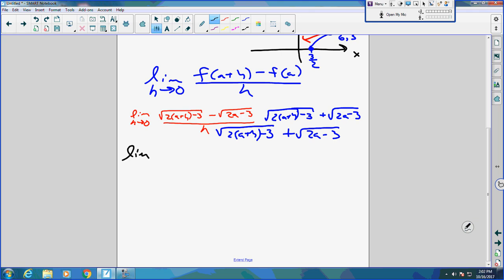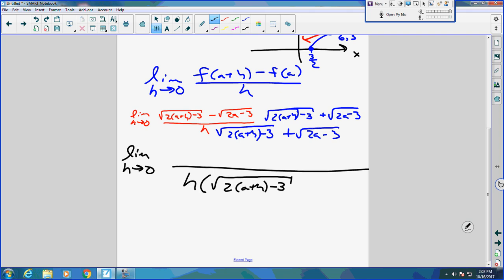I can't stress this enough. The denominator is h times stuff. Now, right now, I can't plug 0 in, right? Because I got that stinky little h right here. That has to go bye-bye.